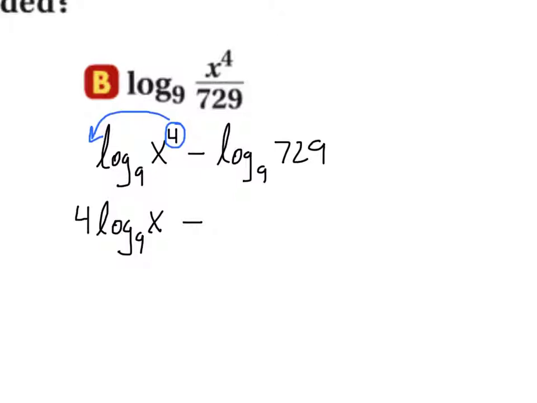Yes, it is. You can find it on your roots chart. Log base 9 of 729 equals what? Equals 3. Because 9 to the 3rd power equals 729. So there is our answer.